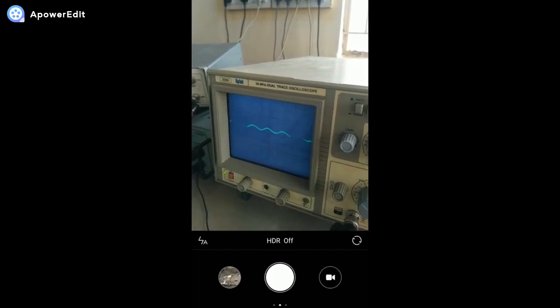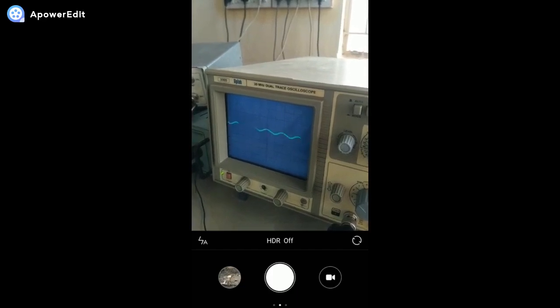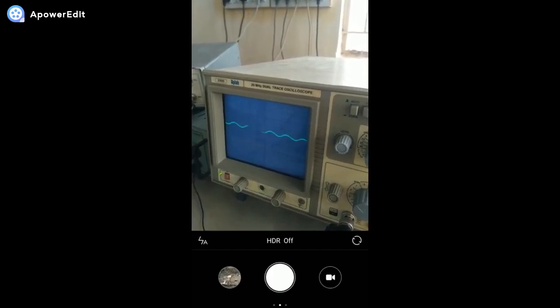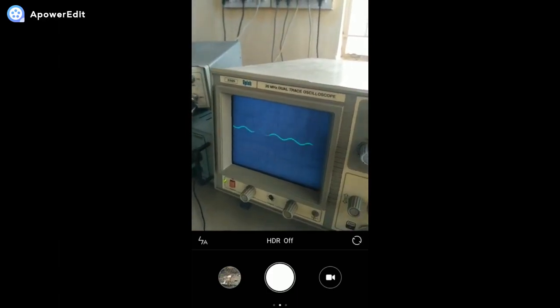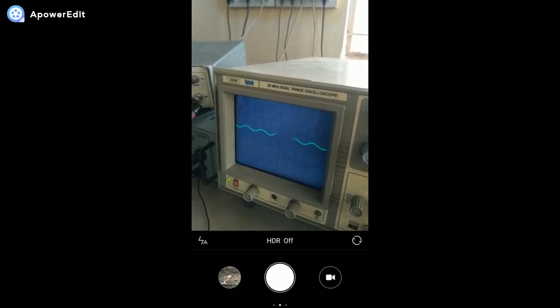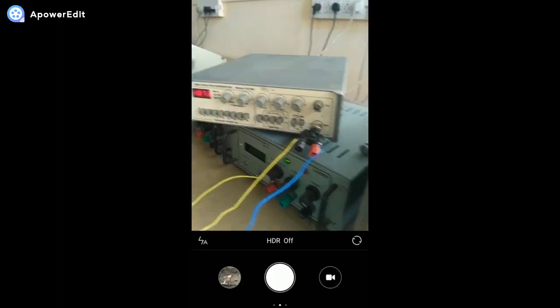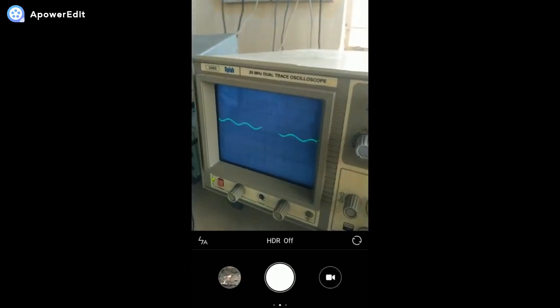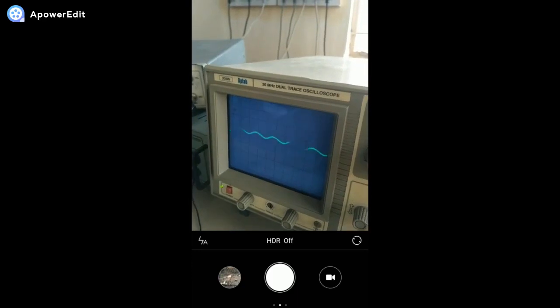Now I will show the output waveform, how the output voltage is varying, how it is increasing from 0 to the mid region, then from the mid region to the high frequency region. See this. Now we are setting the frequency to 1 kilohertz. At 1 kilohertz, the output signal is like this. Now we are varying 1 kilohertz to 2 kilohertz.